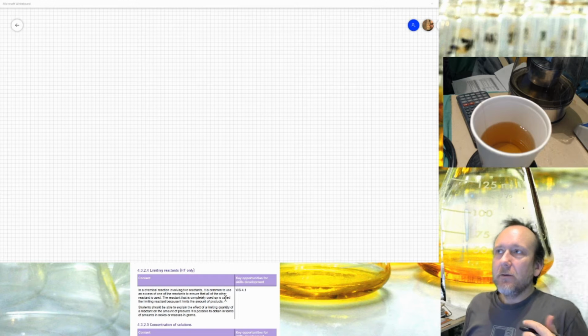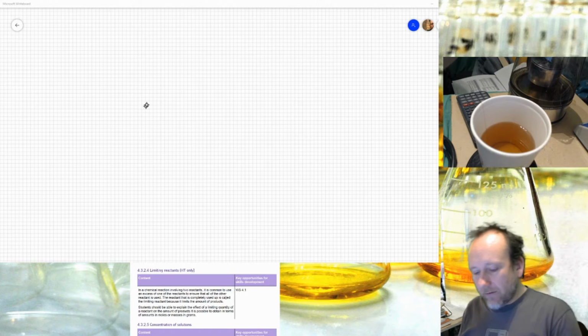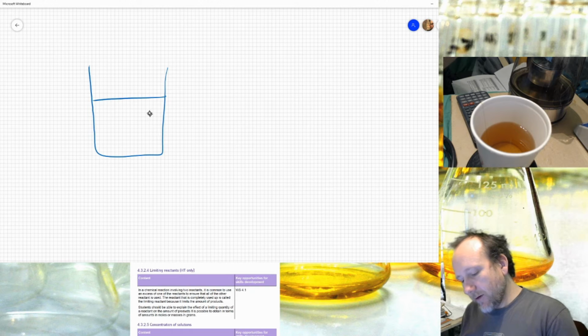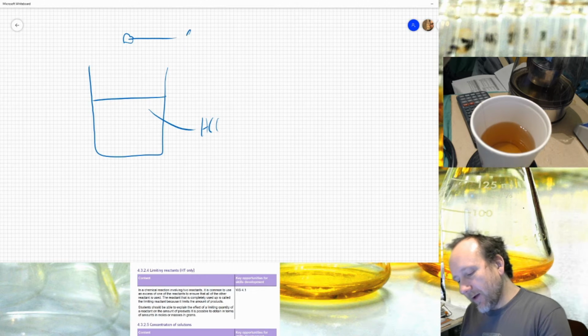But let's say you've got a very simple scenario of a beaker filled with hydrochloric acid, and you've got a marble chip. The marble chip is calcium carbonate, and I've used that example a few times now.